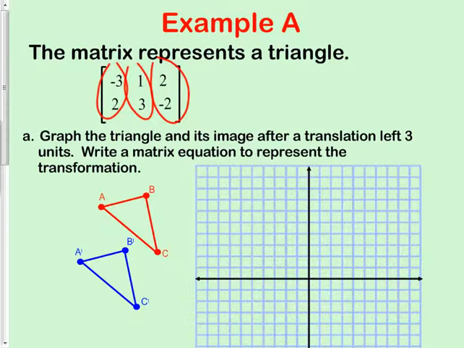Negative 3, 2 would be right there. And then I can just grab this guy and move it over, it's probably like this. But it could be like this, and it could be like that. Does that match up with the rest of the points? Yeah. Okay, so now I got my triangle.